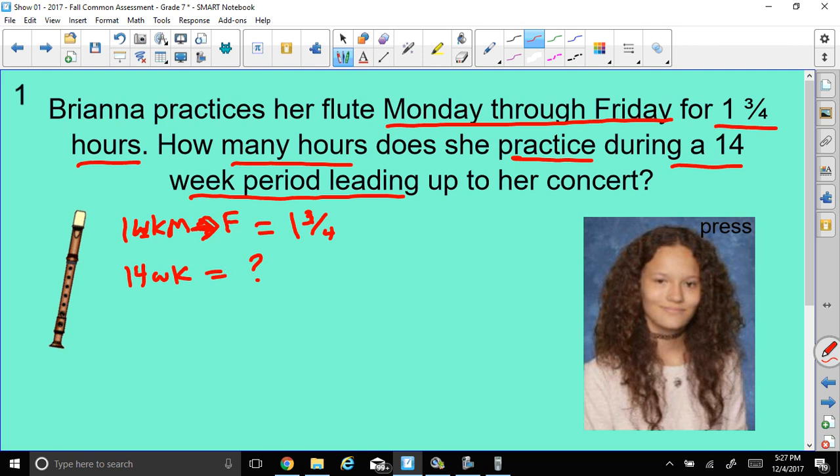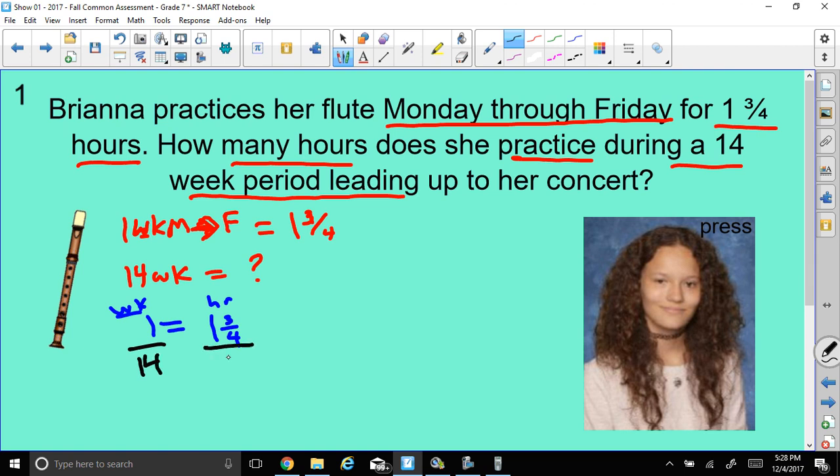If you take a look at that, notice I have a proportion here where I have 1 week, and I'll put my weeks over here, and I'm comparing that to hours over here, is equal to 1 3/4 hours. And now I'm looking for 14 weeks.